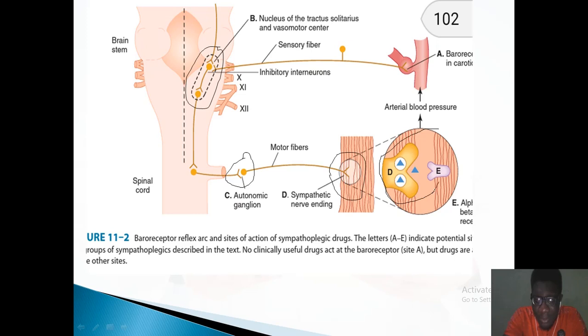So you can see this is for C, this is for G, this is for P, and this is for A. So CGPA, cumulative grade point average. Simple and short. You see, pharmacology is not so hard.